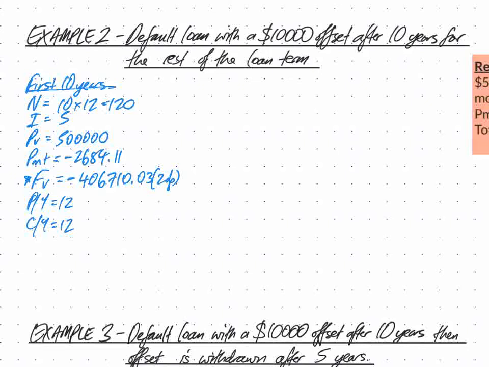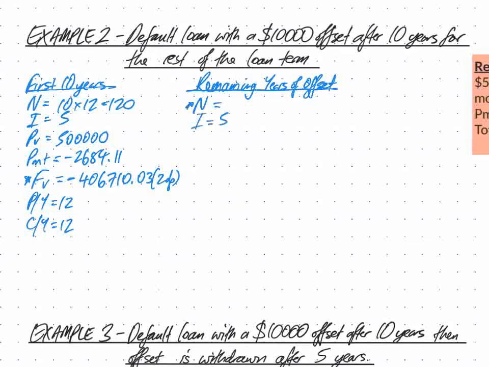But then I put an offset in. So we need to work out what happens after the offset, for the remaining years of offset, because I'm keeping the offset money in the whole time. So because I'm reducing the debt by the offset, it's going to shorten the remaining loan term, so I'm solving for n.